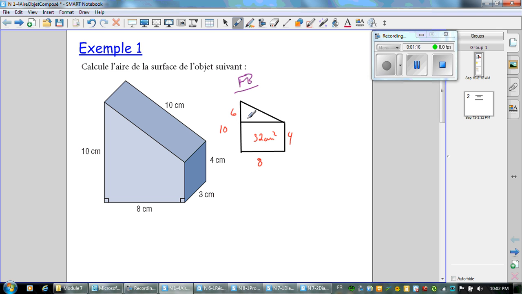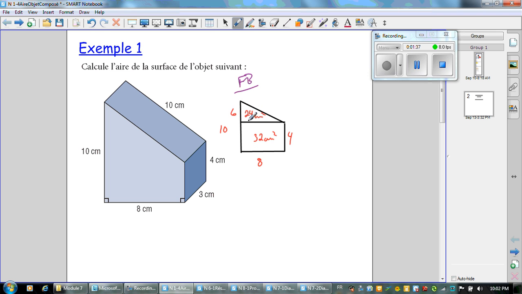So 6 times 8 is 48. However, a triangle is only half of a rectangle, so you have to do the area divided by 2. So 48 divided by 2 is 24 centimeters square. So remember, area of a triangle is base times height divided by 2.